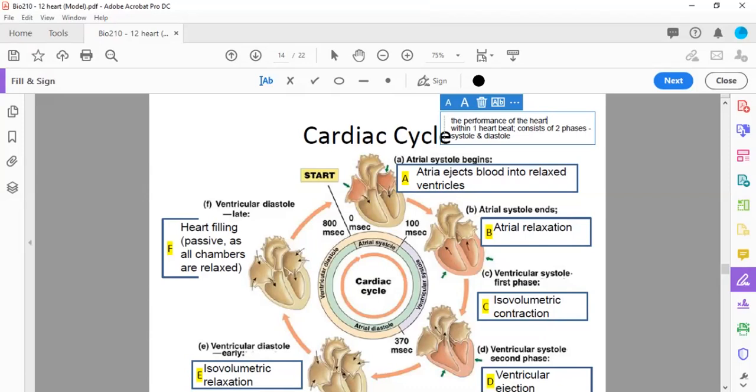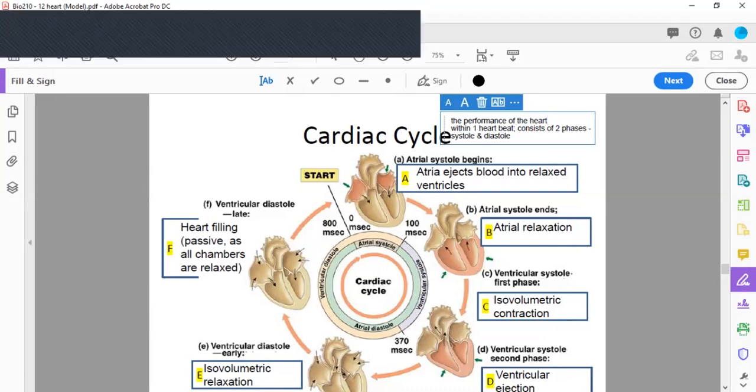So let's begin with A. Atrial systole begins. You can see in this image the contraction of the atria, the left and the right side, which means it ejects the volume into the ventricles.